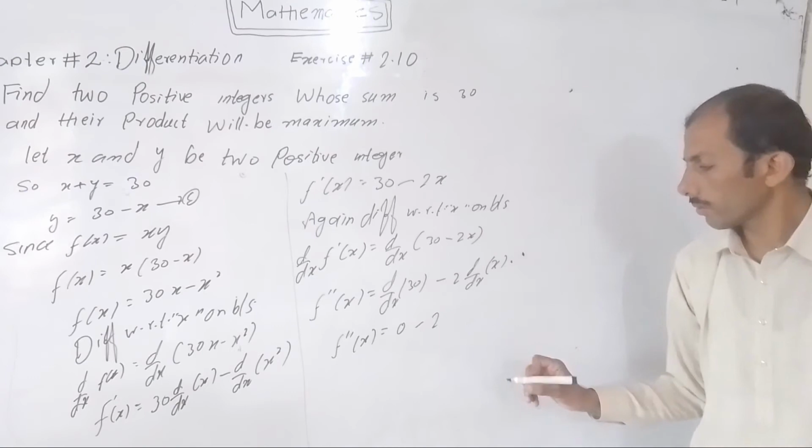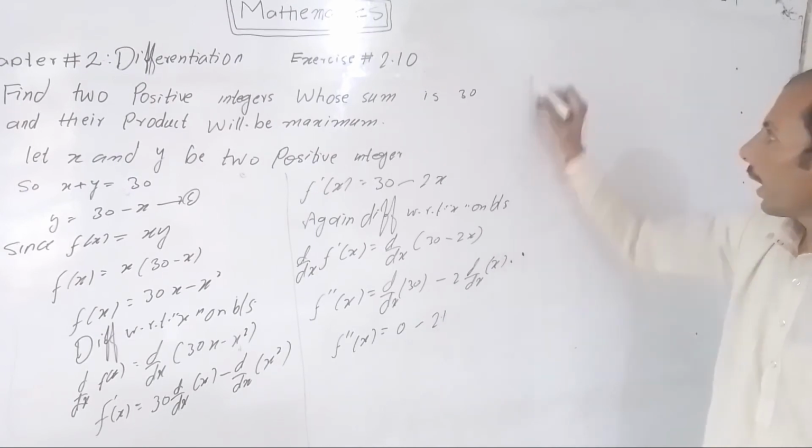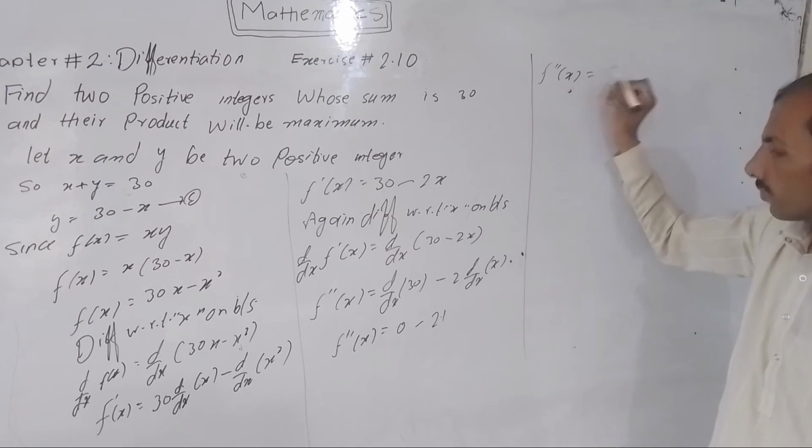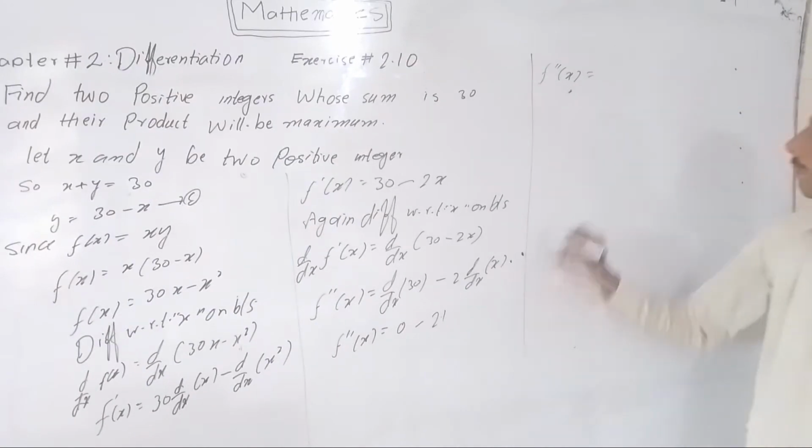Derivative of 30 is 0, minus 2 times 1. f double prime of x is equal to -2.